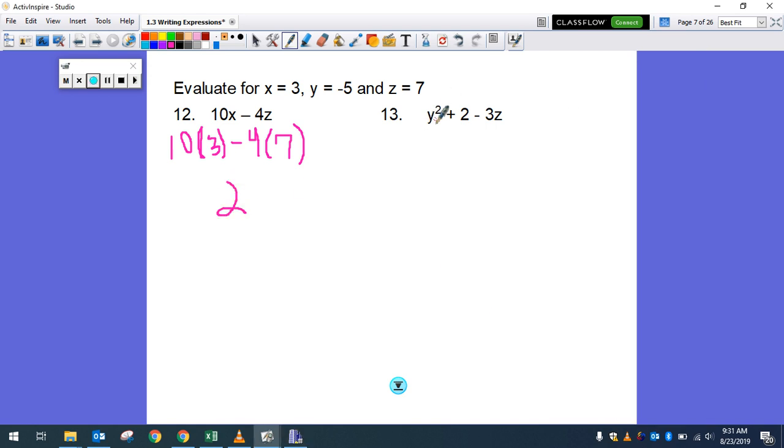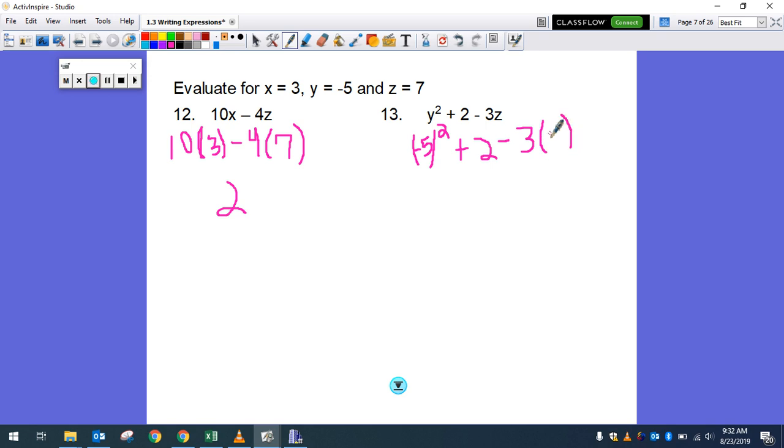So let's do this one. Y, again, whenever you plug something in, we're going to put it in parentheses. So that's a negative 5 to the 2nd plus 2 minus 3. And I got to plug in something, so I'm going to put it in parentheses.